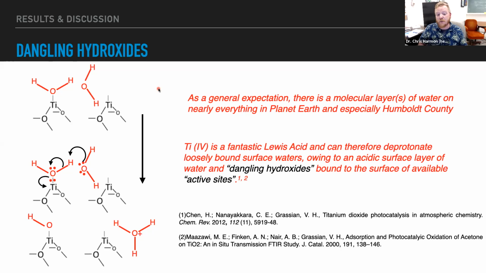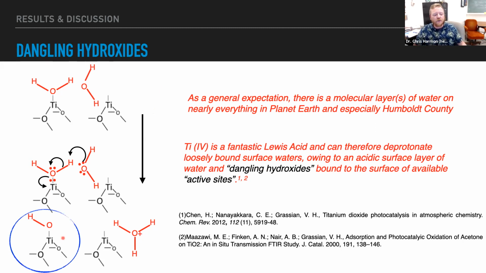As it were, titanium-4 is a fantastic Lewis acid. So it's really good at attracting electrons, okay? And because of that, it will undergo this chemistry that you can see right here, where it will deprotonate water, and you get what we call a dangling hydroxide, okay?